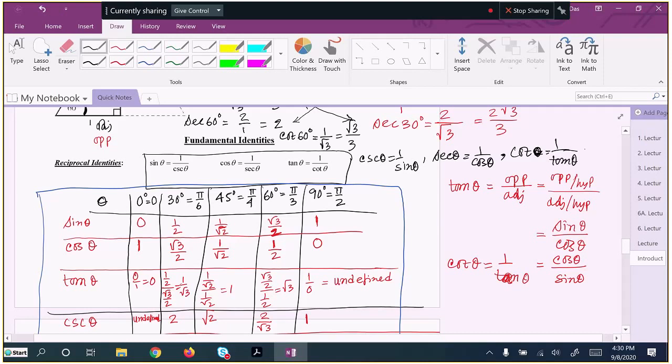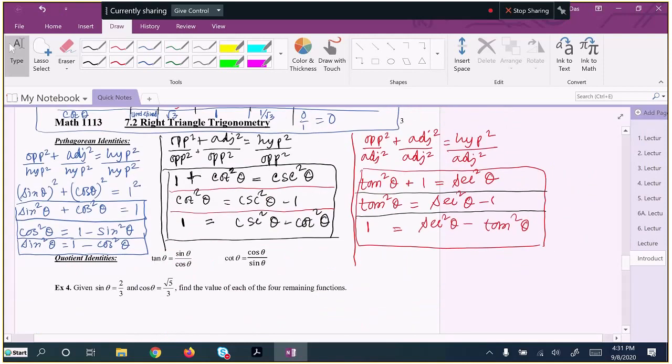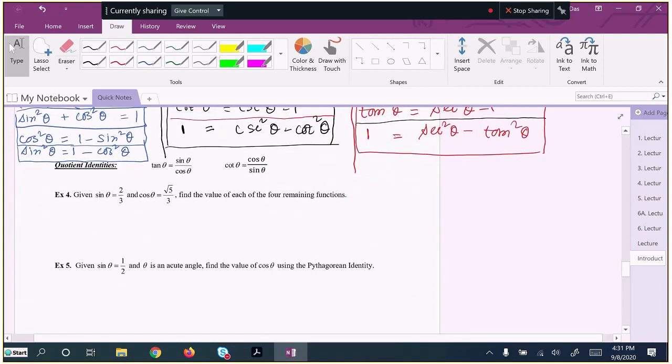So essentially, I have 6 reciprocal identities, 9 Pythagorean identities, and 2 quotient identities, that is tangent theta equal to sine theta over cosine theta and cotangent theta equal to cosine theta over sine theta. With the basic list of values of the special trigonometric ratios and these 17 identities, we will answer the following questions.